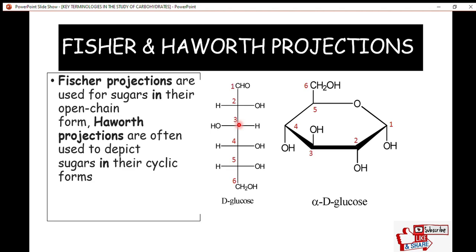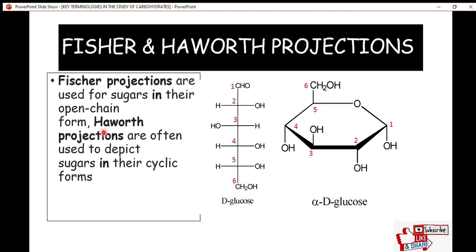That's chiral centers for you. If you don't know how to determine chiral centers, you can go into the description and learn how to identify them. So this is a Fischer projection, and this is a Haworth projection.